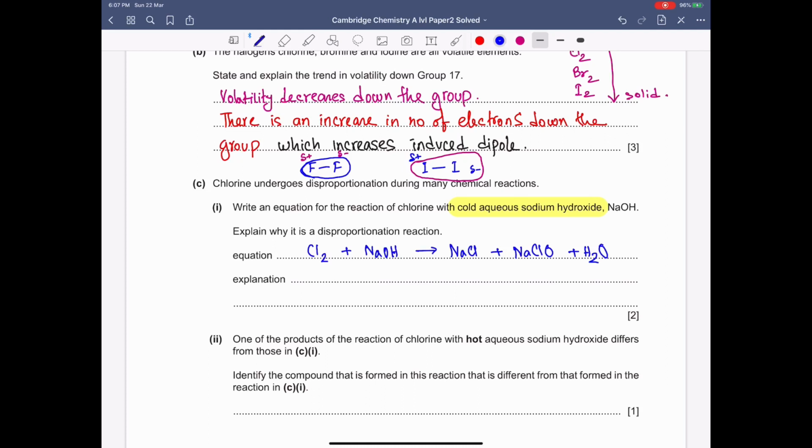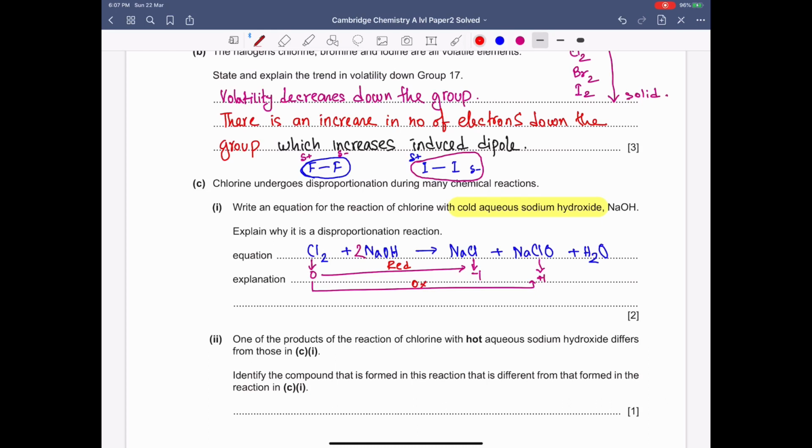In cold state, chlorine reacts with sodium hydroxide, 2 molecules of sodium hydroxide, and chlorine goes from oxidation state of 0 to -1 and also to +1. So from 0 to -1, this is reduction. From 0 to +1, this is oxidation.